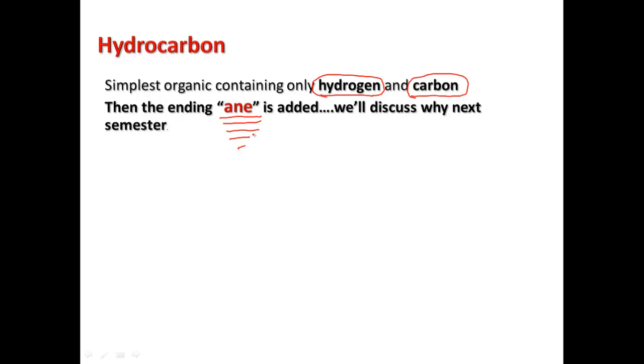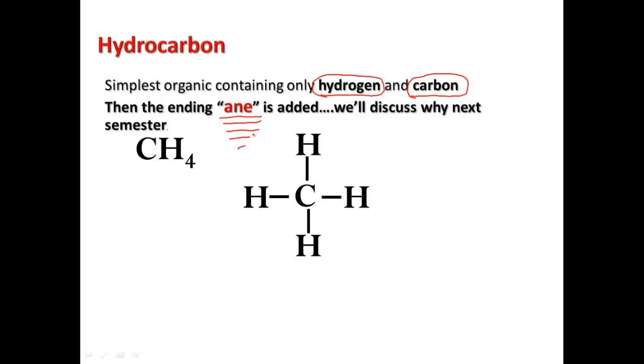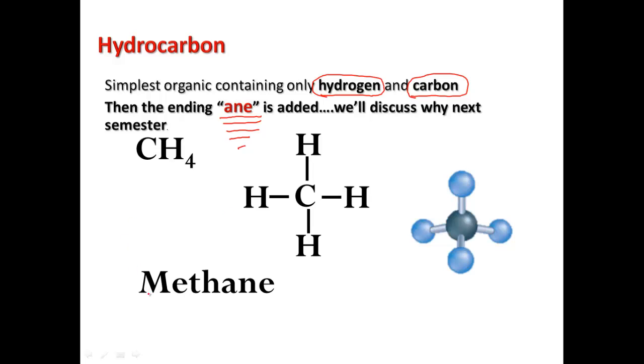So CH4, our most basic of our hydrocarbons, could structurally look like this, 1 carbon bonded to 4 hydrogens. There's our 3-dimensional model of it, and it's going to be known as methane. So methane, 1 carbon, ANE tells us it's a hydrocarbon, meaning it's bonded to those 4 hydrogens.